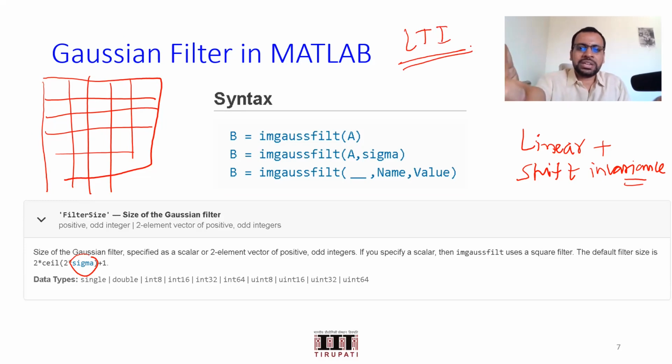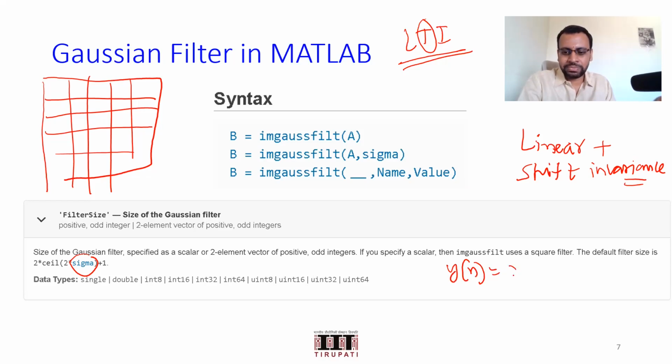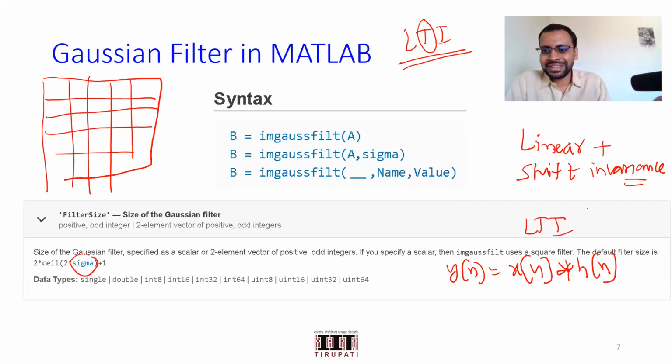There, time is a 1D signal essentially. Instead of that, I'm now saying shift invariant here, because it could be in both X and Y; it's multi-dimensional. So in order to write Y of n equal to X of n convolved with H of n, your system has to be LTI, isn't it?